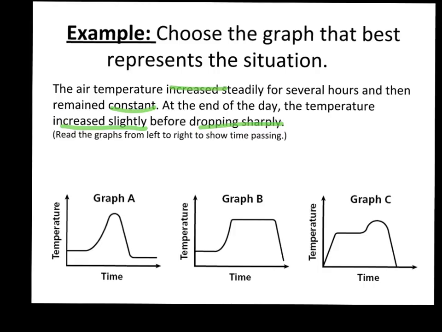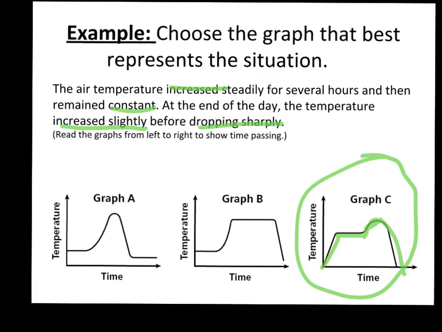Okay, time is still passing, so it has to be a straight line. It can't just be a point. And then, so that would be an increase here, and then remaining constant for several minutes or hours. And then at the end of the day, the temperature slightly increases, which you can see, and then drops sharply. So graph C would be the correct one.